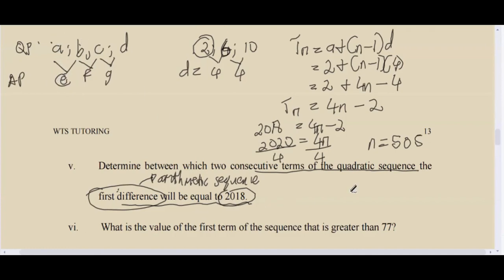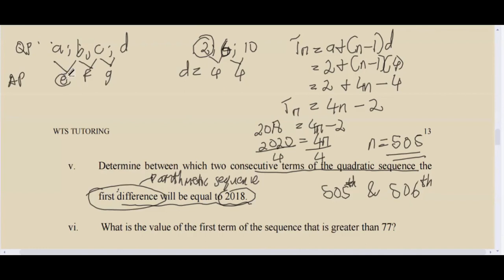That means if we have 505 here, this is term 505 of the arithmetic sequence. That means it is in between what? It is in between the 505 term and the 506 term. So it's in between the 505th term and the 506th term, right, of the quadratic pattern.